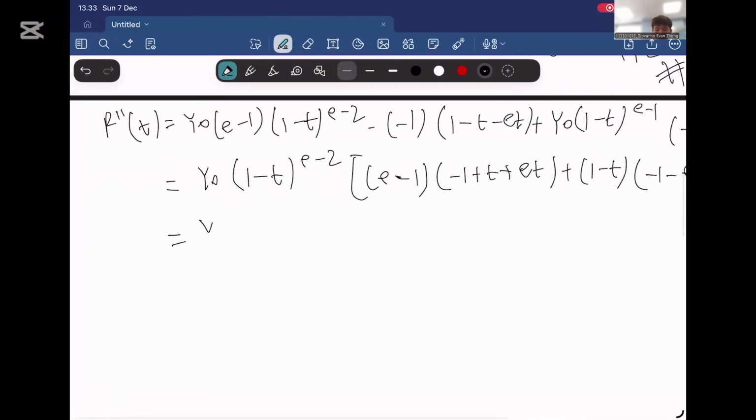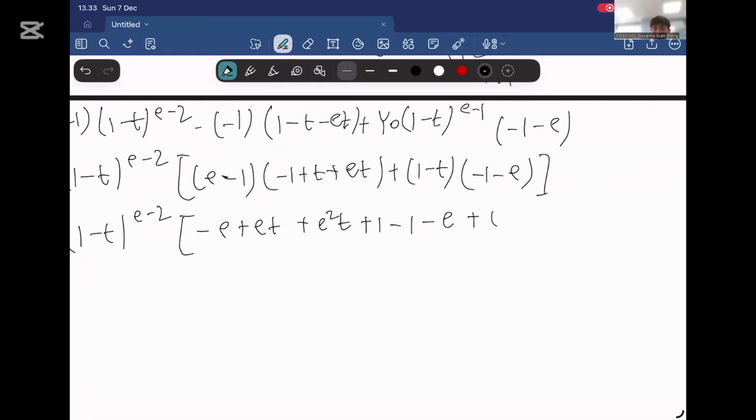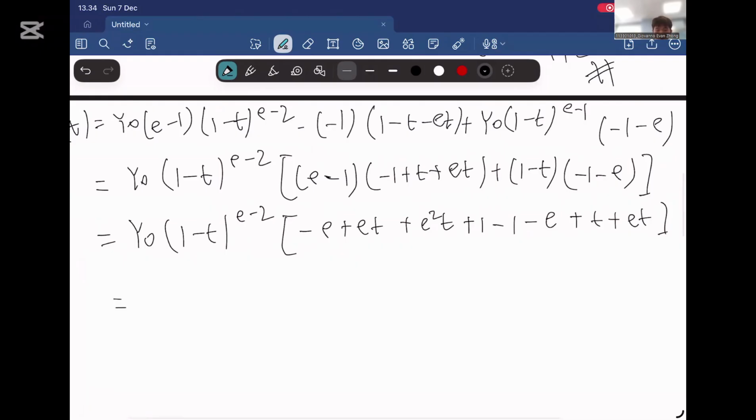Next, Y0 times (1 - T) to the power of E minus 2 times [-E + ET + E squared T + 1 - 1 - E + T + ET]. Next, Y0 times (1 - T) to the power of E minus 2 times [-2E + 2ET + E squared T + T].